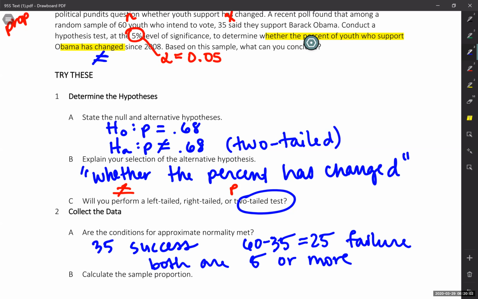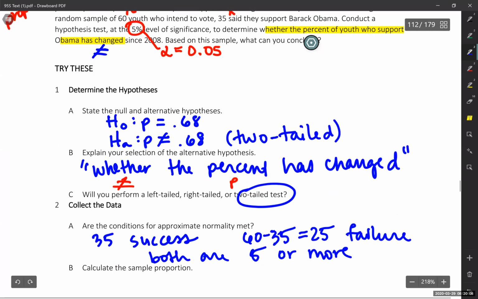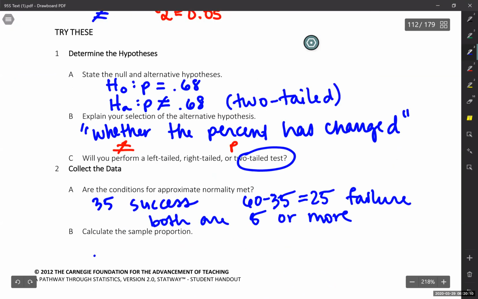Okay, so now we're going to calculate the sample proportion. And so we said n was 60 and x was 35. P hat is x over n. Oops, I almost wrote it upside down. 35 over 60. If you ever go to calculate this and your number is bigger than 1, then you know that you did it upside down, because these numbers are just like probabilities because they're p-words, so they have to be between 0 and 1.